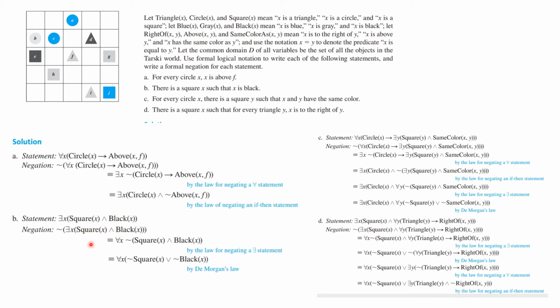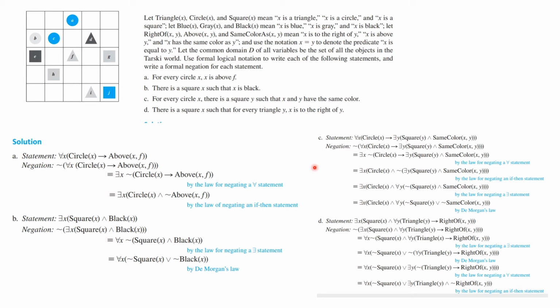What happens here is when you negate that statement, after you simplify it and use your rules of logic, it is for every x, negation square x or negation black x. And notice that here we're using De Morgan's law that we studied earlier.